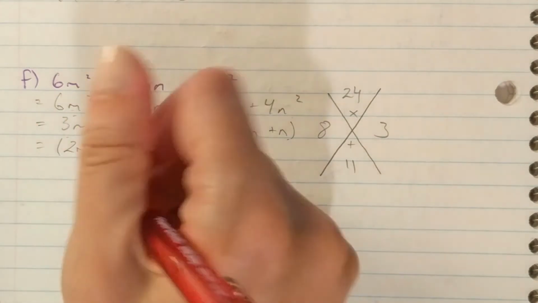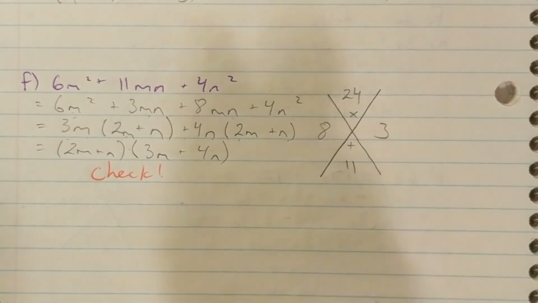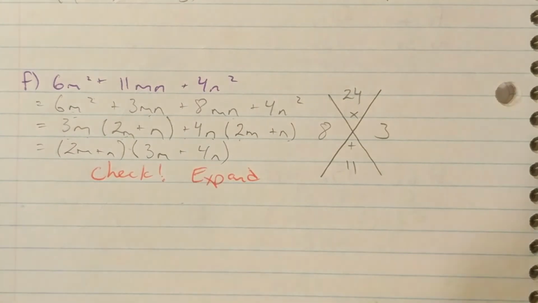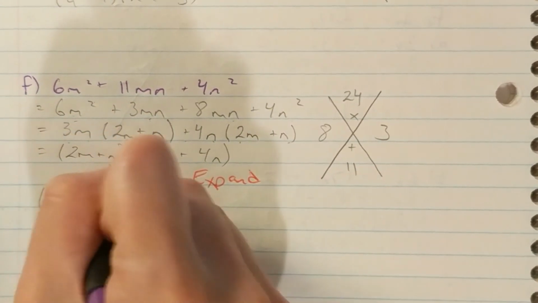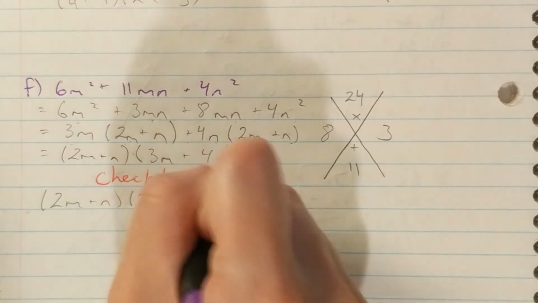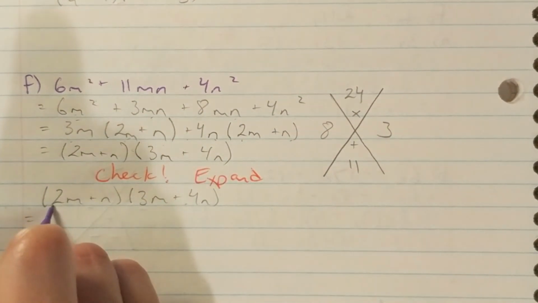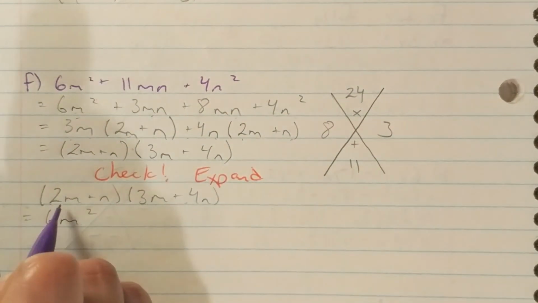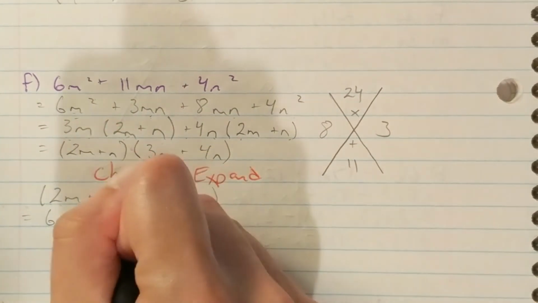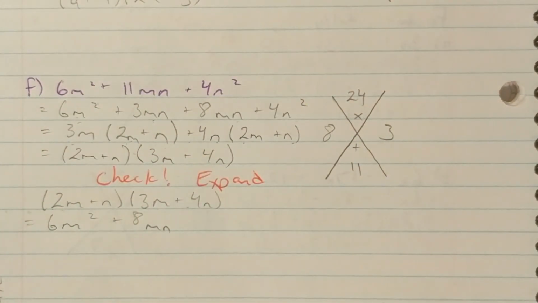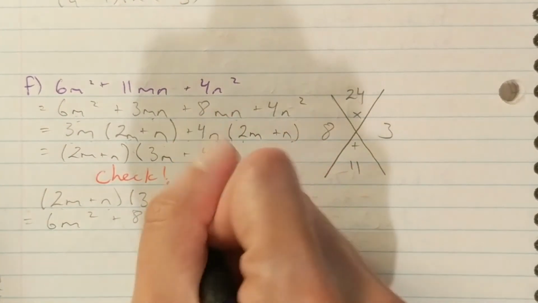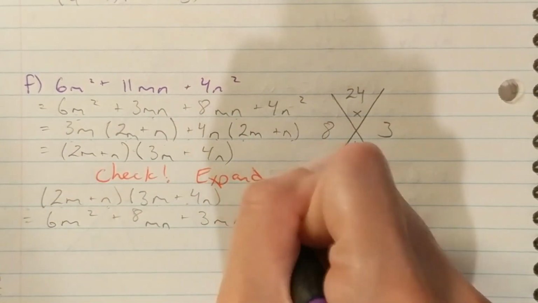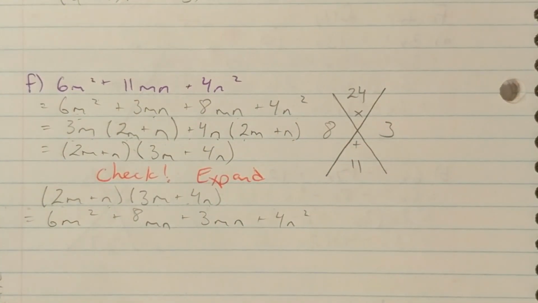Let's just check our solution here, just for the sake of it. We're going to check by expanding. 2m plus n times 3m plus 4n. 2m times 3m is 6m squared. 2m times 4n is 8mn. n times 3m is 3mn, and n times 4n is 4n squared.